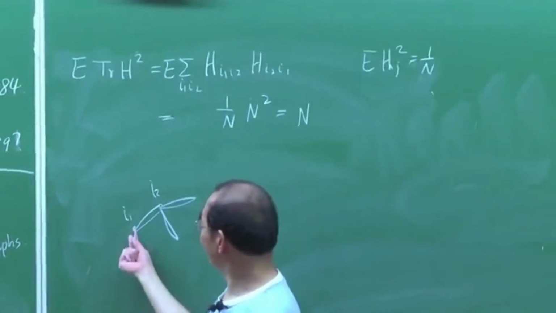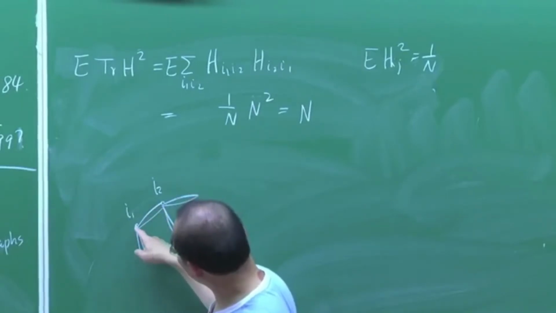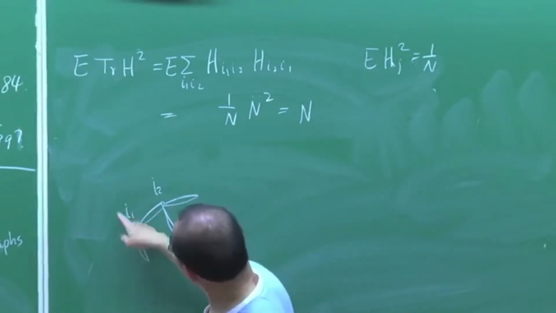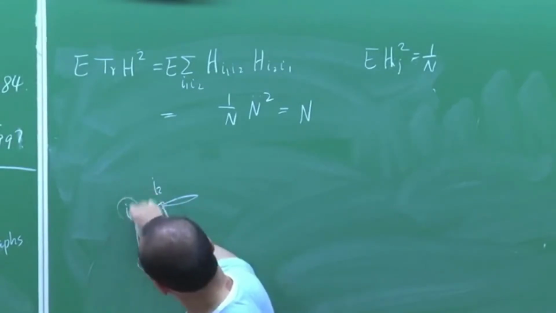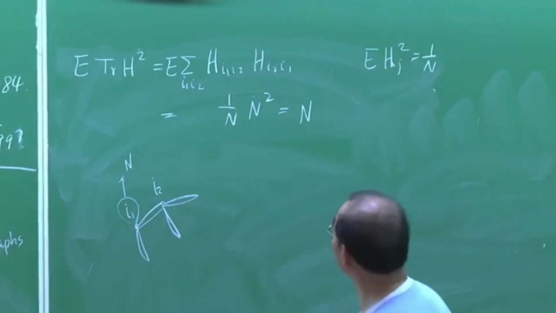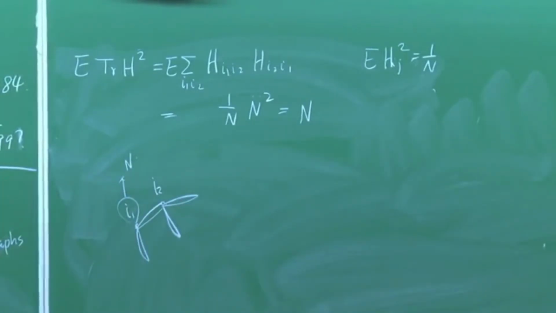So it's not just the number of this graph, because this i1 can be arbitrary. This i1 choice will give you a factor n, which is not canceled. But anyway, if you sit down to do the calculation, you'll find this is correct.